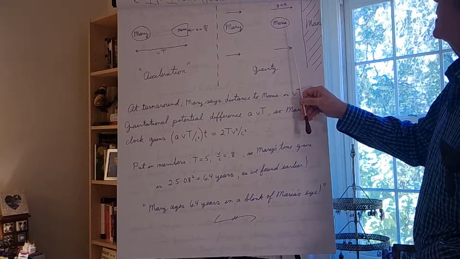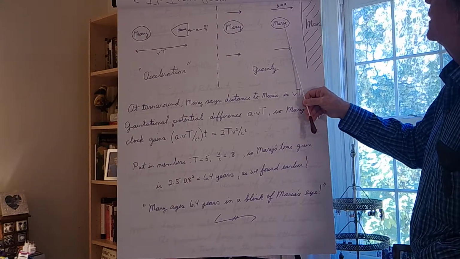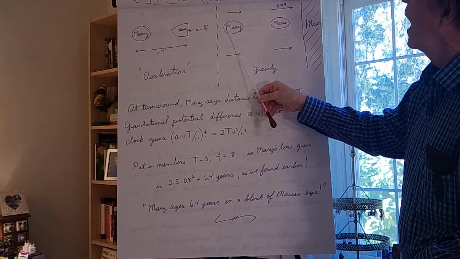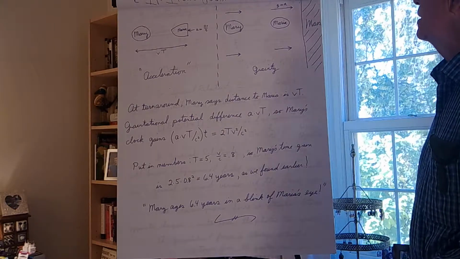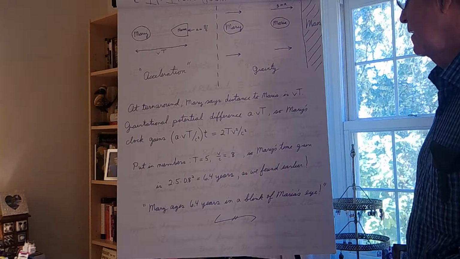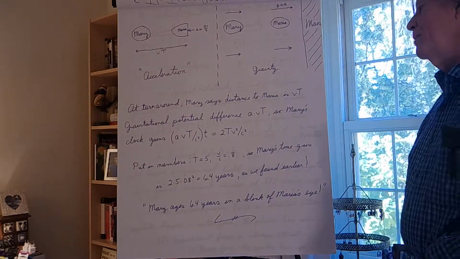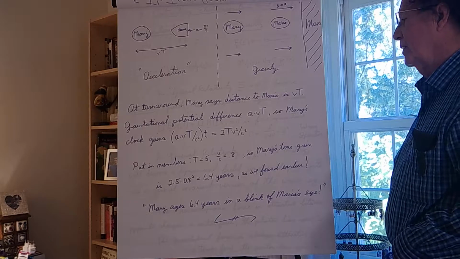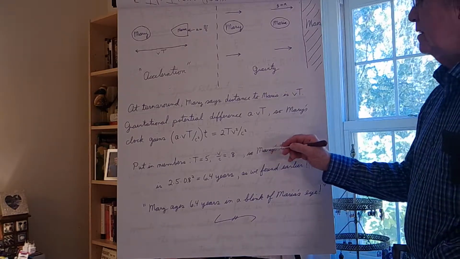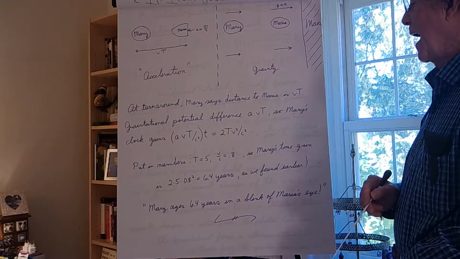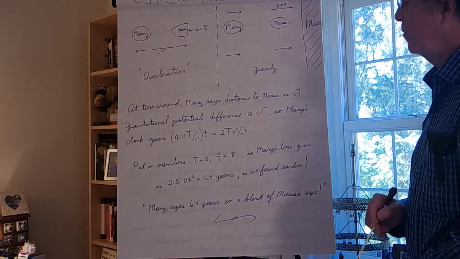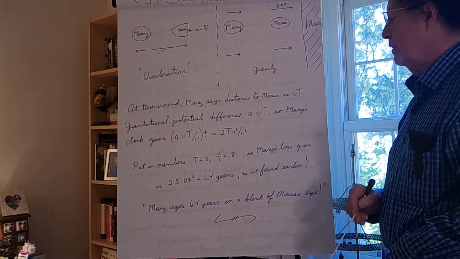Maria is at this position in the gravitational field, and Mary is at the higher gravitational potential, and we've calculated the difference over here. Now let's put in the numbers from our discussion of special relativity. I remember that t, the time on Mary's clock at the turnaround, is 5, halfway through the journey from Mary's perspective.